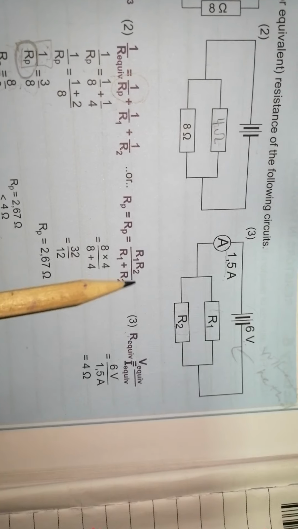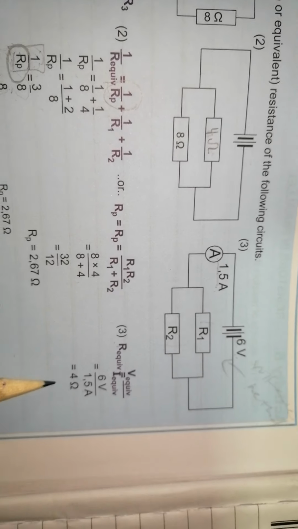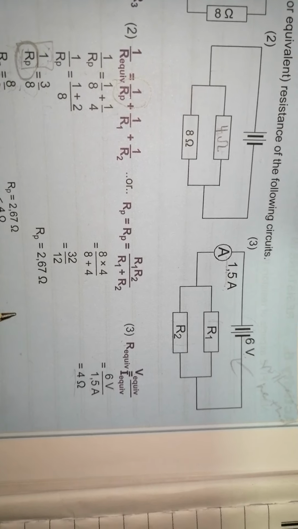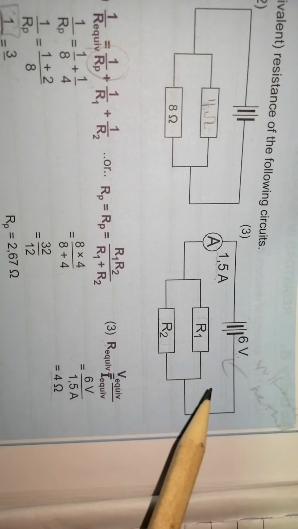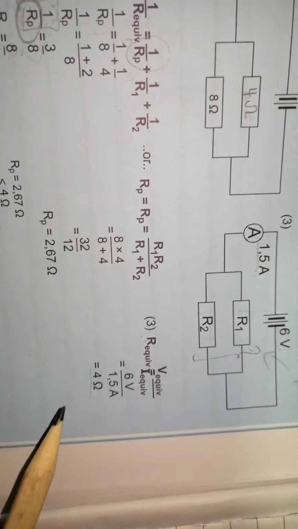So here we have the total voltage, which is 6 volts. So you're going to say 6 divided by the total current, which is 1.5 amps. And that will give you 4 ohms, which means the total resistance of this circuit for R1 and R2 together is 4 ohms. Okay. Right.